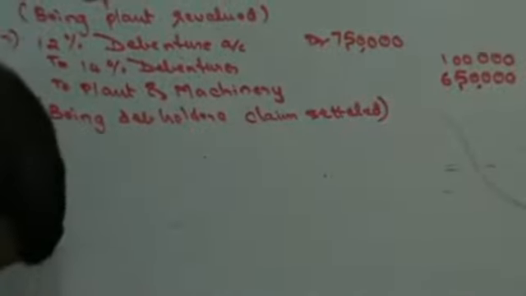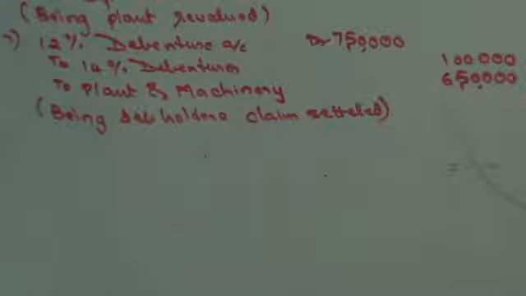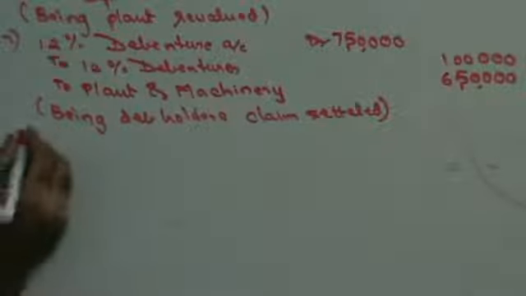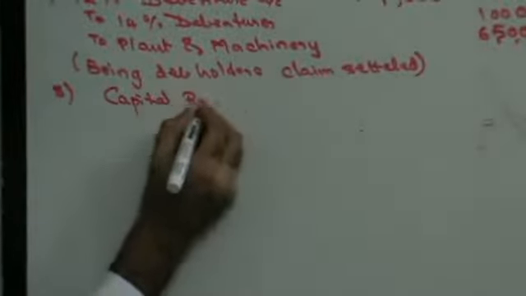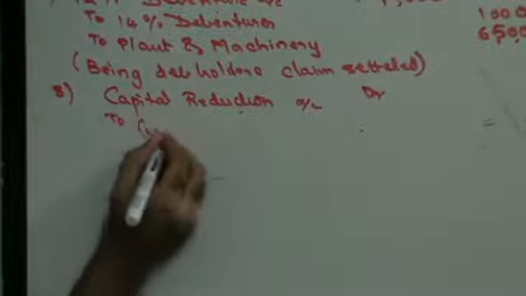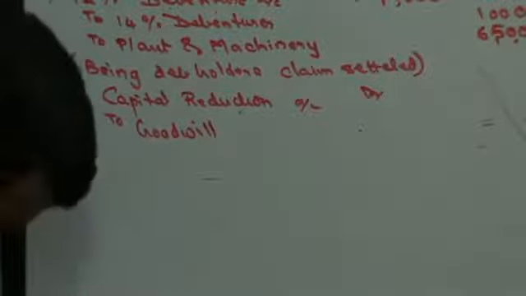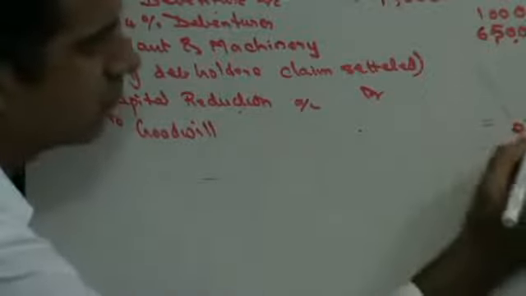Right? Next, they are saying that goodwill, patents, profit and loss, and preliminary expenses to be written off. Written off. Assets going down. That means capital reduction on the debit side. So this will be capital reduction account debit to goodwill. Goodwill is, as per the balance sheet, 25,000.